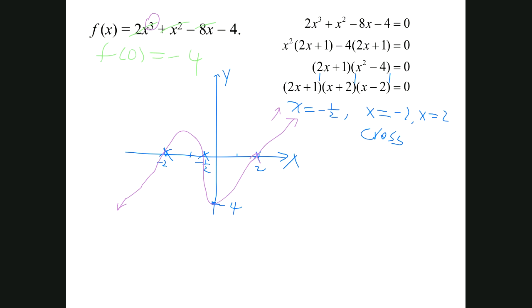Of course, you can put it in a calculator, right? So how do you put this one in a calculator? Let me go ahead and show you the calculator very quick. Let me copy this one down so I can put this one in a calculator: 2x cubed plus x squared minus 2x minus 4.